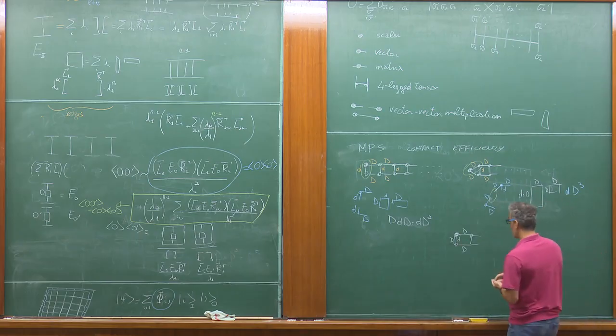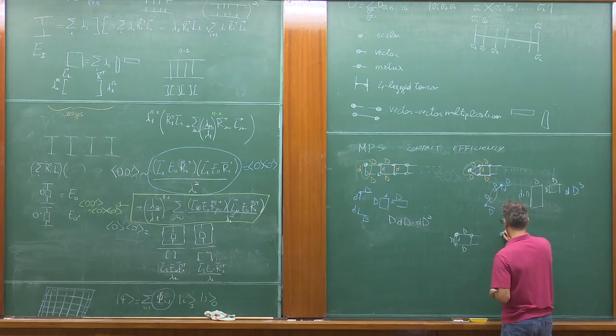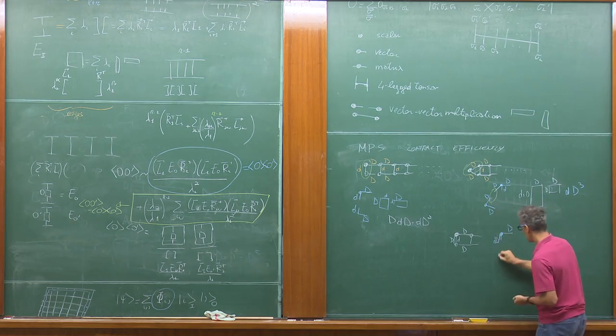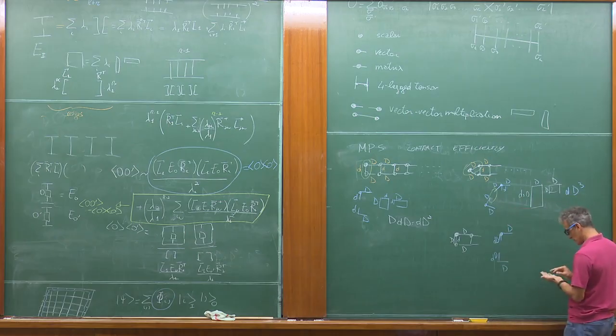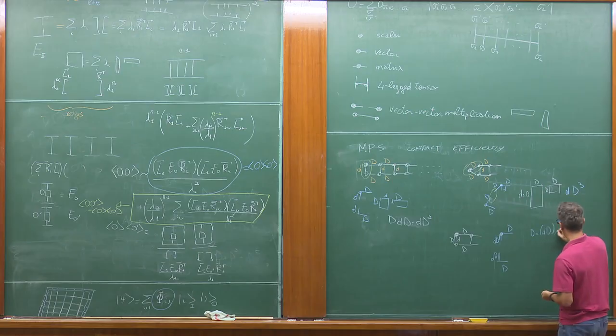Now, similar. I have dimension D here, I have dimension D here, and this one is dimension D here and D here. So multiplication is going to be D times D times D, which is again D, d, D cube. And all the operations you continue like this, it will always at most be of the order d D cube.